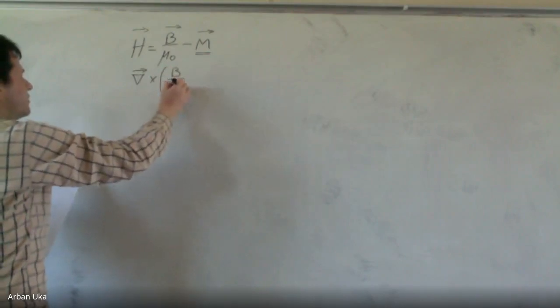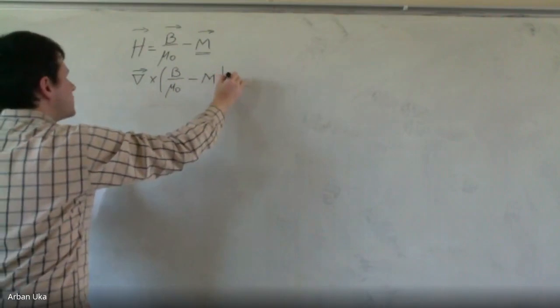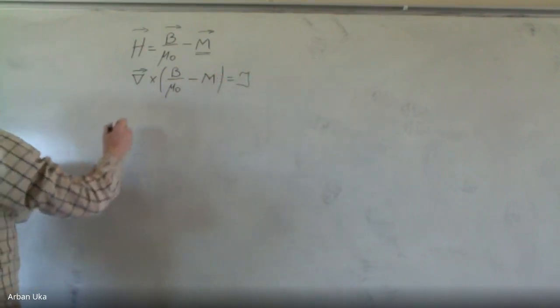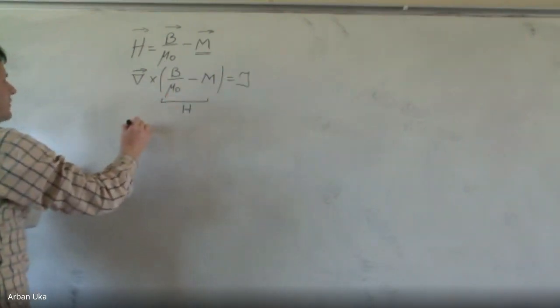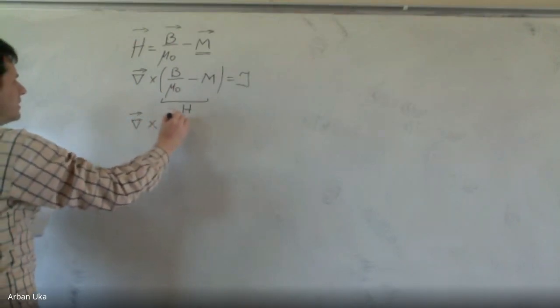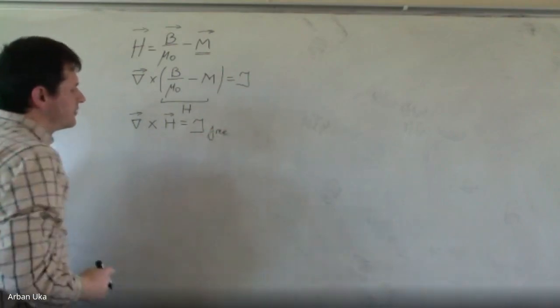We said that B over mu 0 minus M is H, which is reported above. So here we have the curl of H. This is equal to J, but this is now J free.